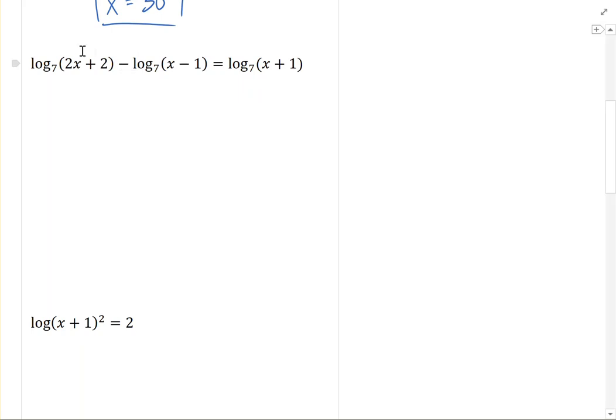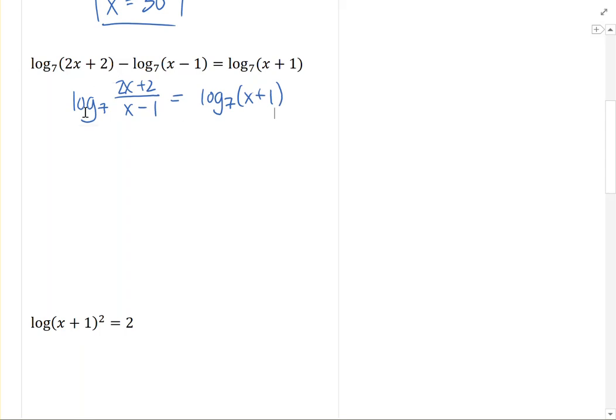Since we have the same base subtracted, we can use the quotient law. So that'll be log 7 of (2x plus 2) divided by (x minus 1). And on the other side, we have the same thing, no change there.